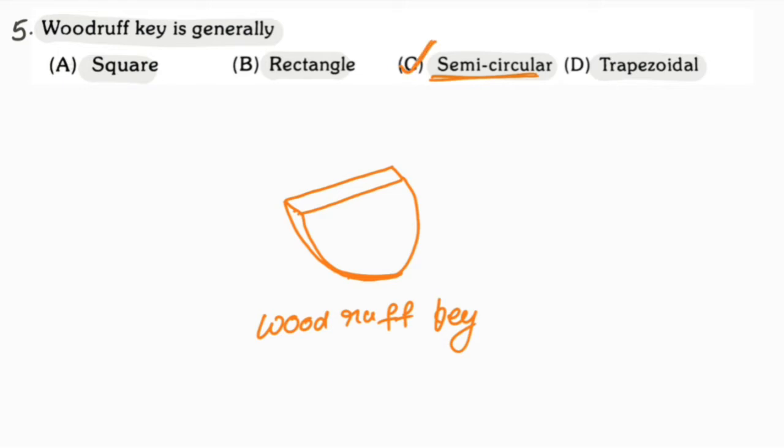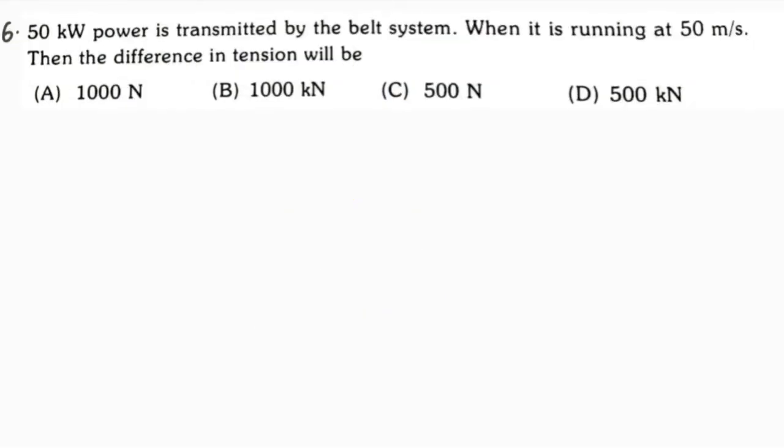Let us take another problem. Look at the next problem. 50 kilowatts of power is transmitted by a belt system running at 50 meters per second. Then the difference in tension will be? This is a problem connected to belt drive.